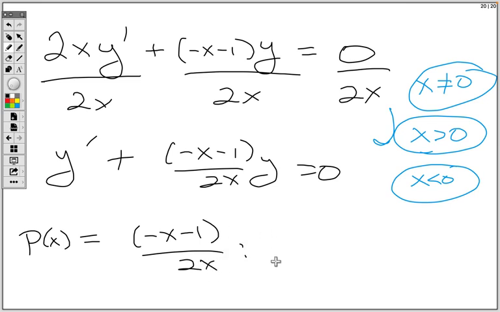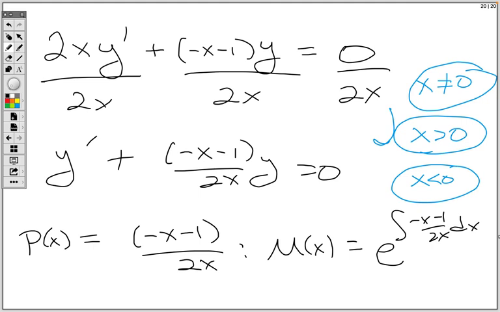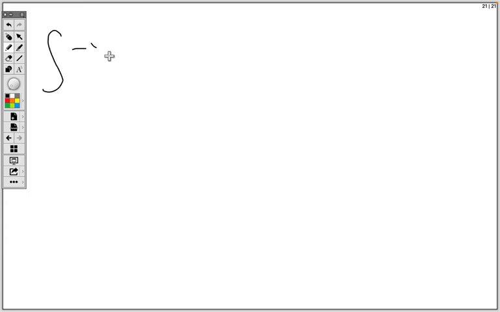And so to get my integrating factor, I need to have e to the integral of that. Okay, so let's figure out what that's going to be. So how do we integrate minus x minus 1 over 2x? What would be your strategy? How would you get going on this one?